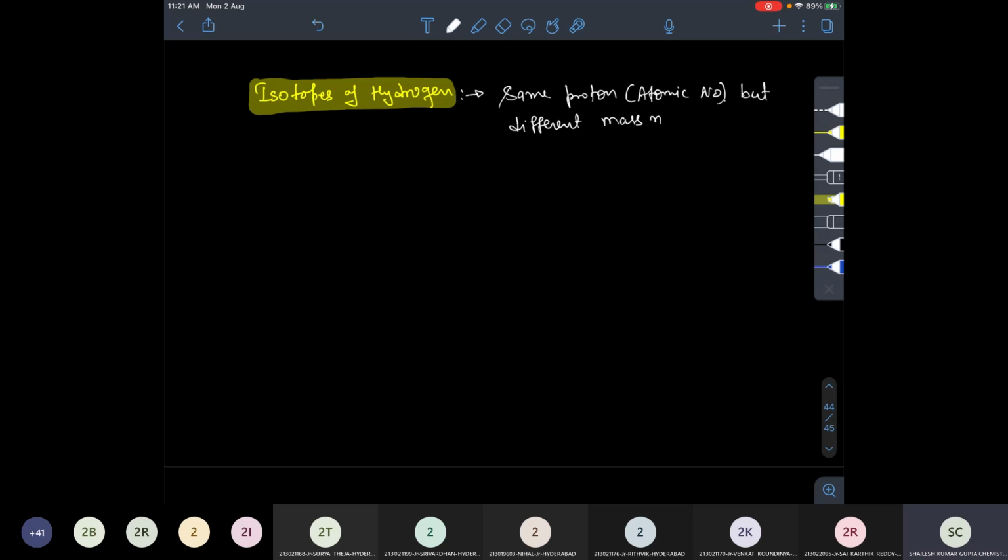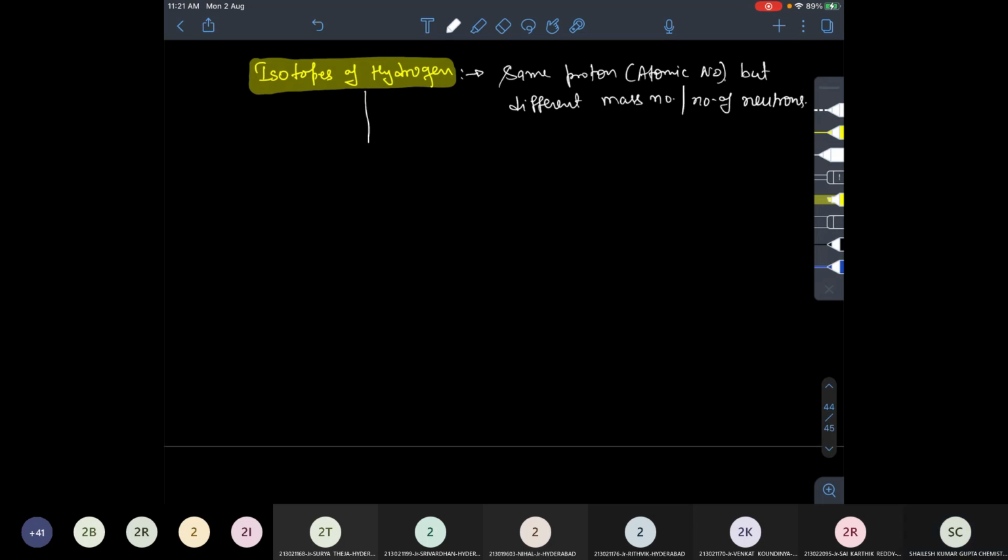If the mass number is different, it means the number of neutrons is different. Right? So what are the isotopes of hydrogen?